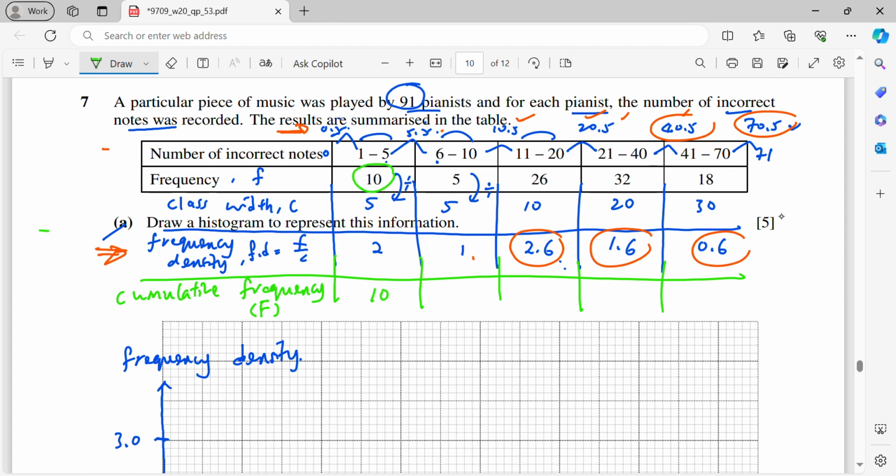So 10, 10 plus 5 is 15, 15 plus 26 is 41, 41 plus 32 you will get 73, 73 plus 18 will be 91.